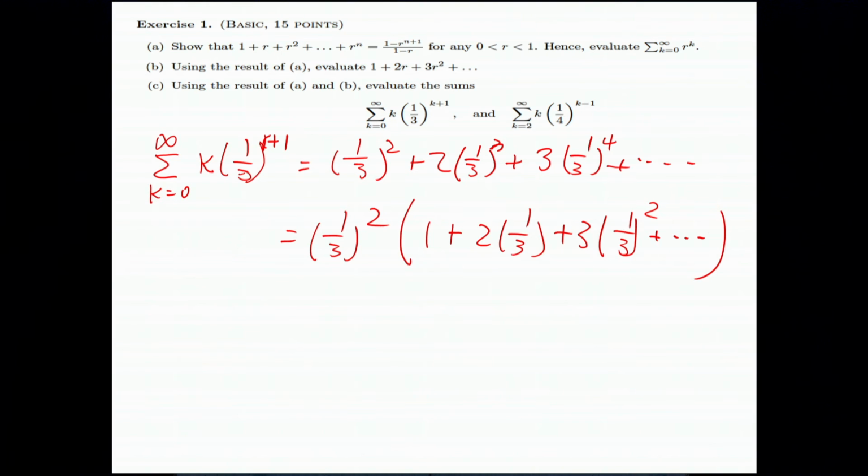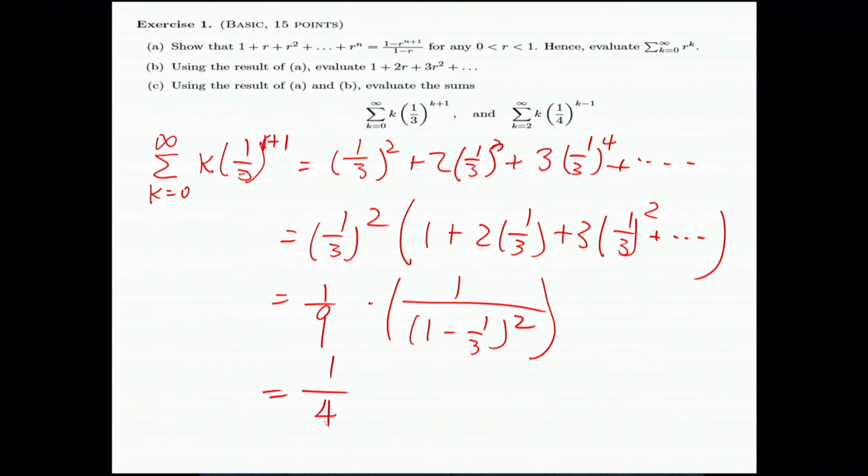This one we know from part B. It's 1 in the numerator and 1 minus ratio squared in the denominator. Which is 1/9 times 1 divided by 1 minus the ratio squared. So this equals 1/4.